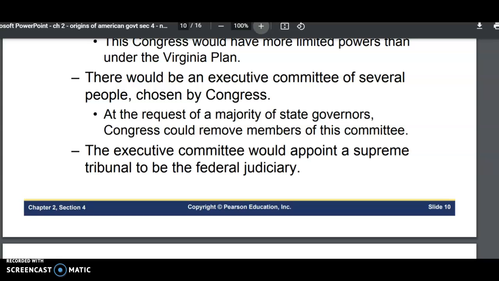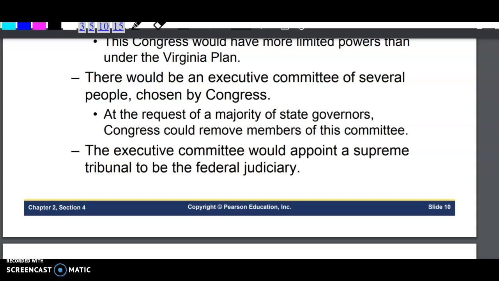Congress could remove members of the committee at the request of state governors. The executive committee would also appoint a supreme tribunal to be the federal judiciary.